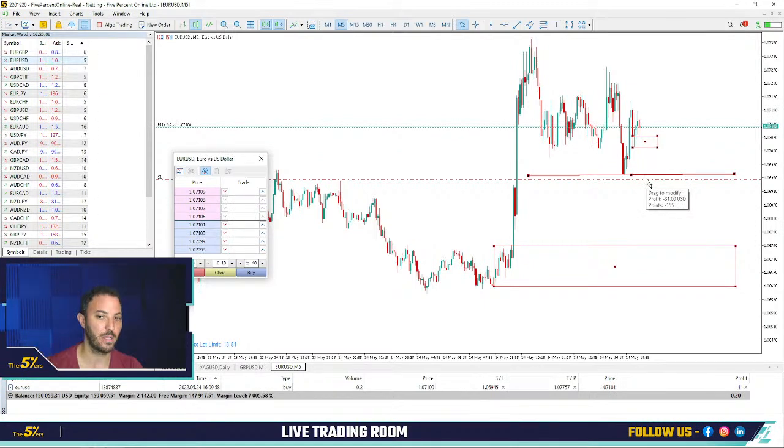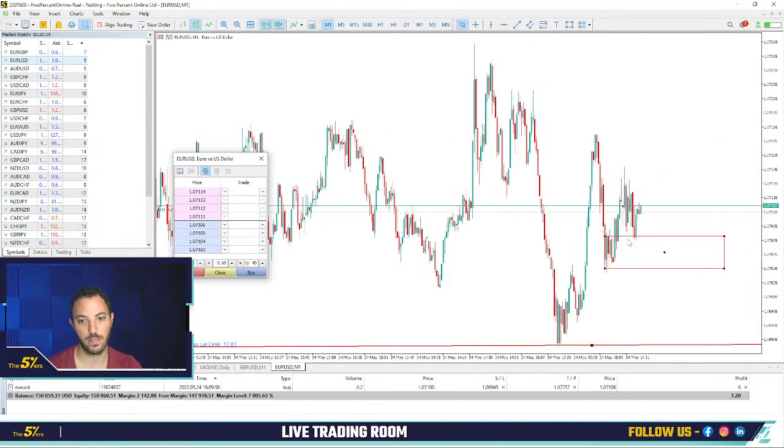bullish bias. So I'll look for new entry opportunities here at this demand area, for example, or at the bottom here. Okay, this area, this one, it's already tested, so I don't want to be building more.